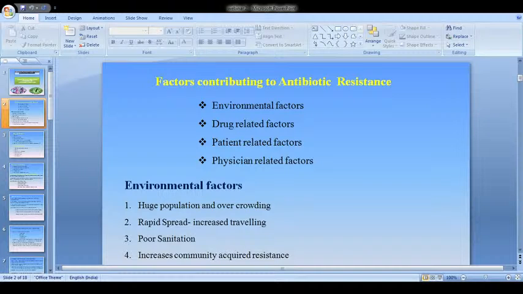The environmental factors which affect antibiotic resistance are, first, huge population and overcrowding. In our country also the population is high. Due to this huge population and overcrowding, it will affect antibiotic resistance, along with rapid spread and increased traveling.